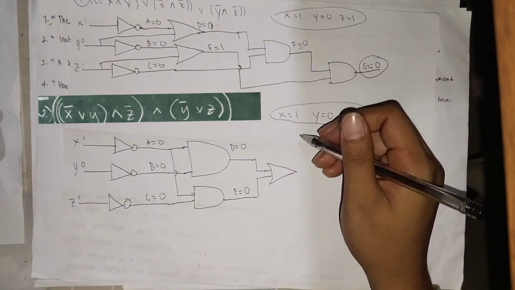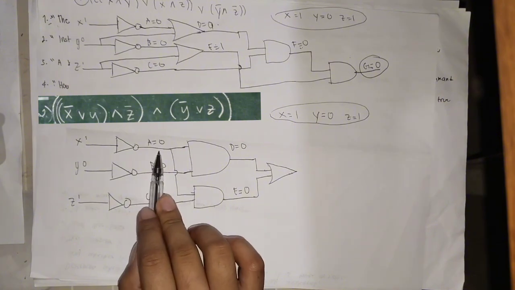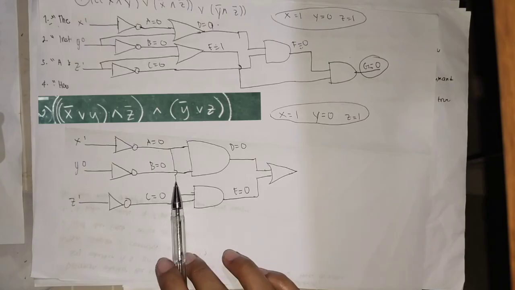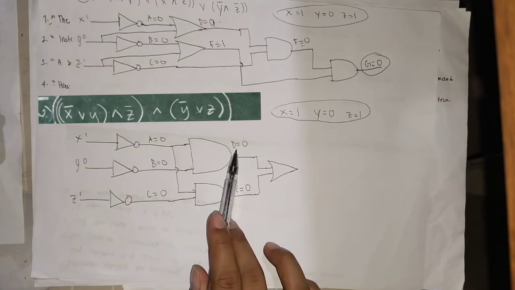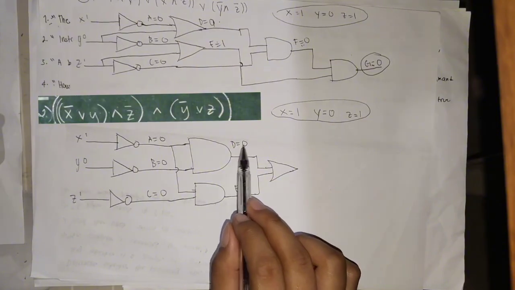Our OR gate takes A, which is a 0, then C, which is a 0, as input. Since both are 0, the output of D is 0. The output of D is equal to 0.